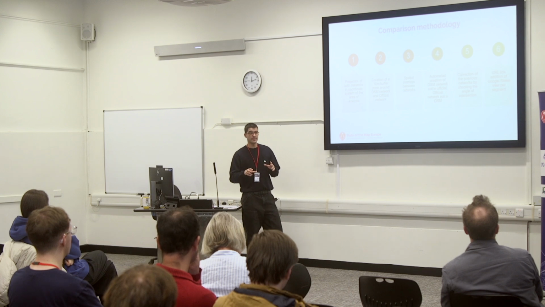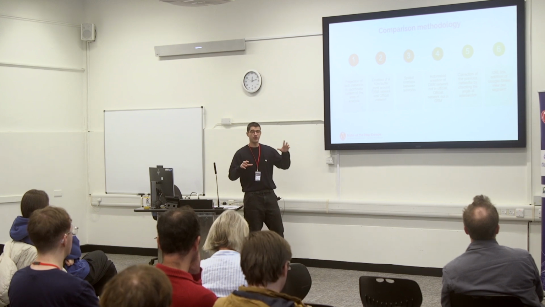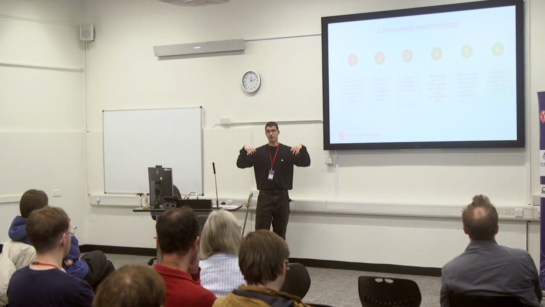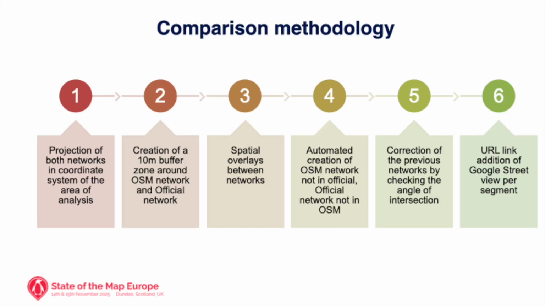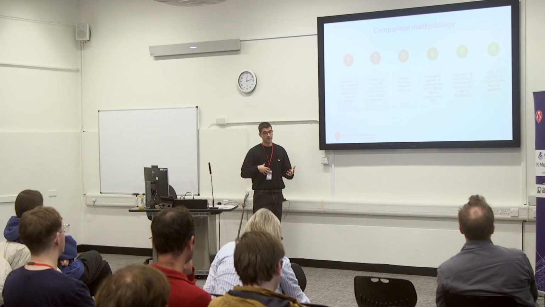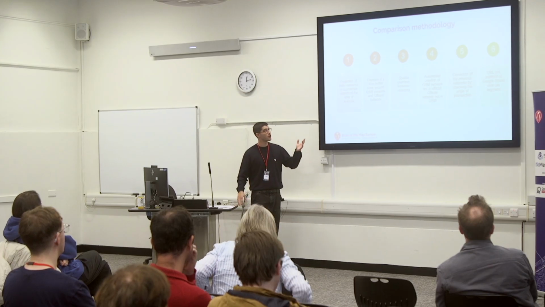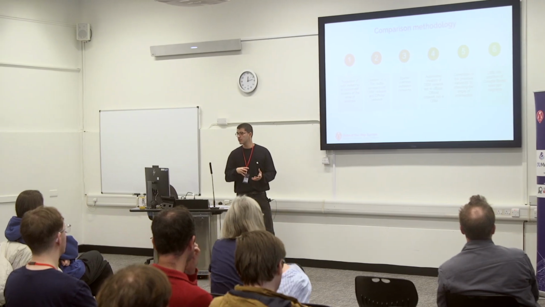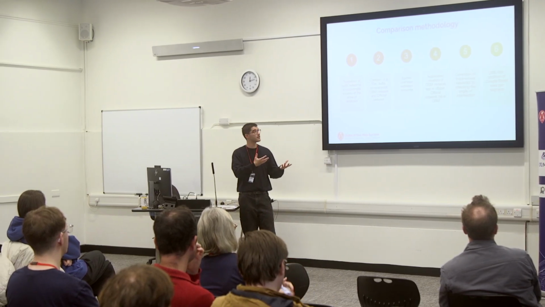Then we created for every network, the OSM network and the official network, a 10-meter buffer zone in order to identify, after the spatial overlays between the networks, which part of the OSM network is not in the official dataset, and also the official network that is not in the OSM dataset.